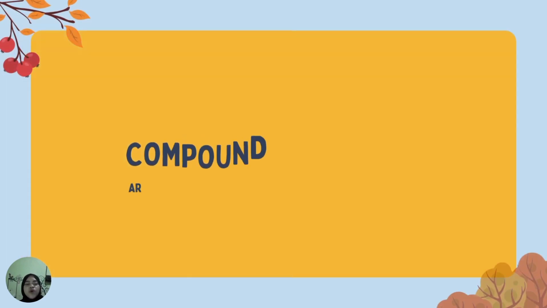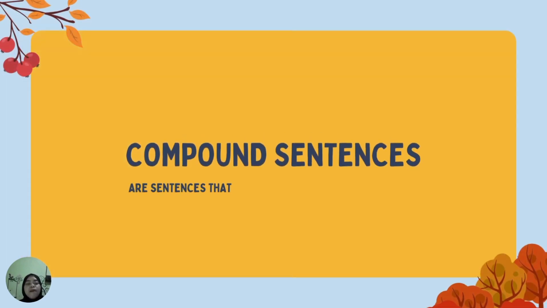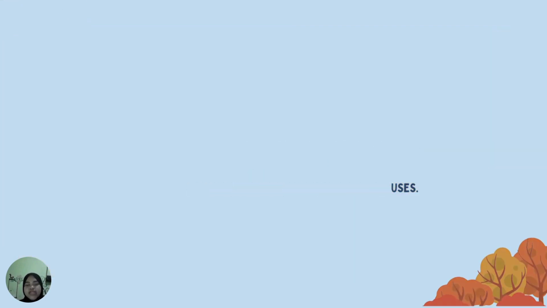Okay, now we are going to learn about compound sentences. Compound sentences are sentences that contain two independent clauses. Dua klausa independent.